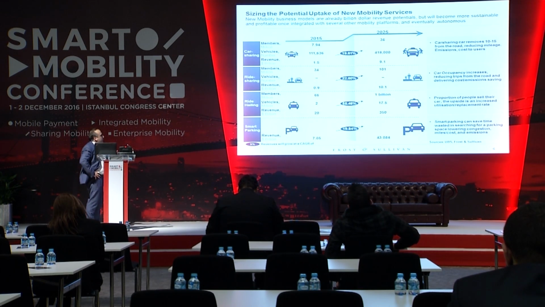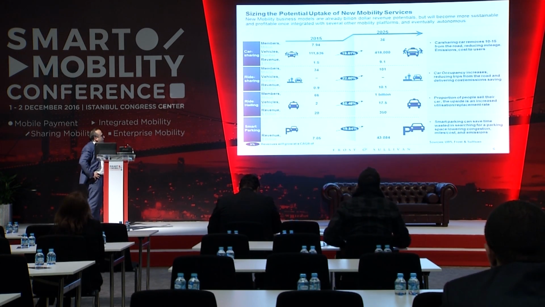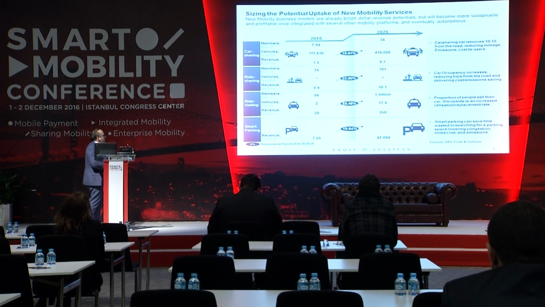We have seen the car sharing figures, but now we are seeing the figures for the other sharing economy business models. Those figures belong to us, Frost and Sullivan, our estimations for 2015 and 2025. This is car sharing, ride sharing. Ride hailing actually means the taxi services. The key message here is that all the sharing economy is growing very fast.